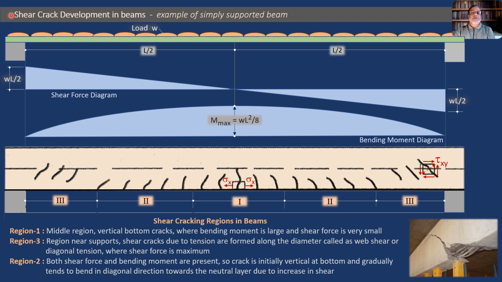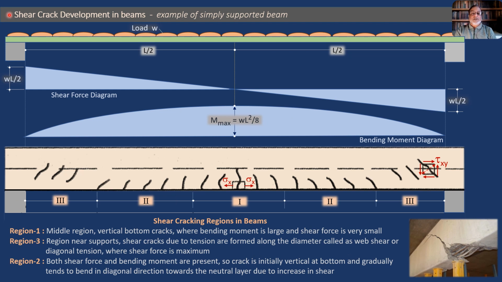Also in case of even a simply supported beam with different loads other than the UDL, we can apply the same condition. Just compare the shear force diagram and bending moment diagram, and accordingly you should be able to draw the diagram showing the propagation of cracks.